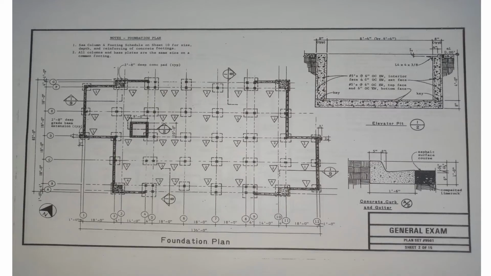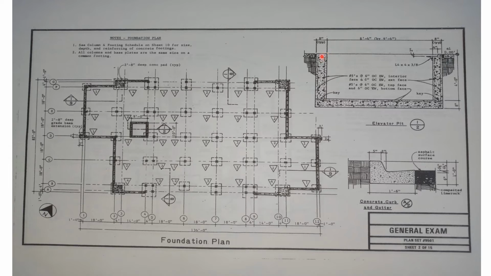And what I want you to think about is that key, because when you're figuring out concrete, when you're figuring out a lot of volumes of different stuff, it's good to conceptualize the center line, because if you do the inside, you're going to be short. If you do the outside, you're going to be long. If you do the center line, you're going to get a really good idea of exactly what you're looking for.